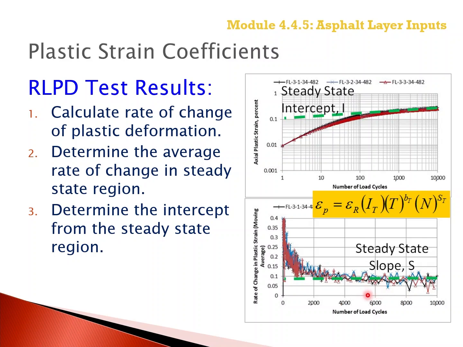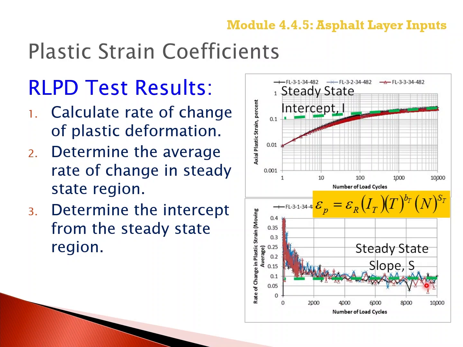The data acquisition system is used to determine the two parameters from the plastic deformation relationship for a single test temperature. The slope of the relationship is first determined in the steady state or secondary region. This is done by calculating the average rate of change of plastic axial strain using a moving average technique for the average number of loading cycles.